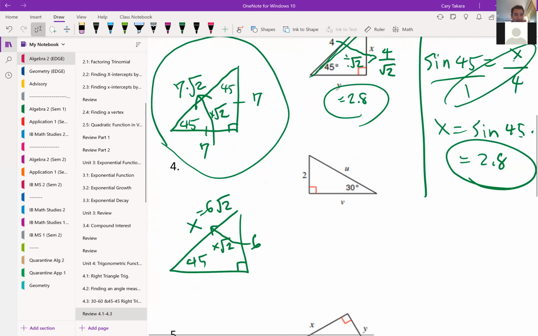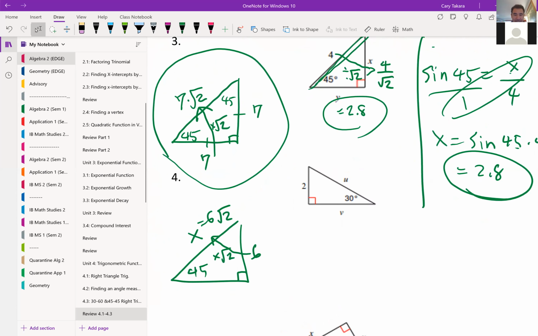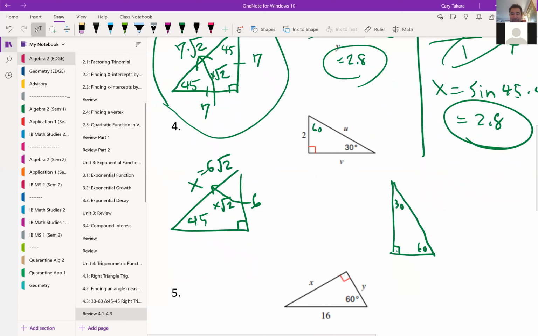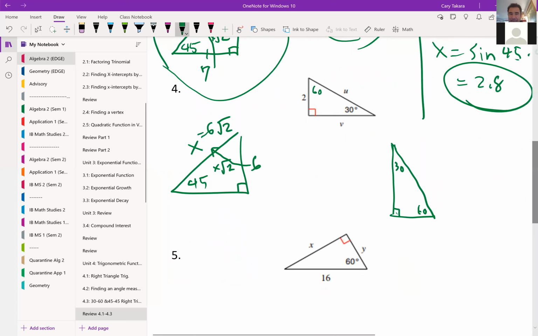The other shortcut problem that we've worked on is this 30-60 triangle, okay? And so the ratio that we've talked about, I'm going to write the triangle in this way because that's how I rewrote the notes, right? The ratio is, and let me give you an example.